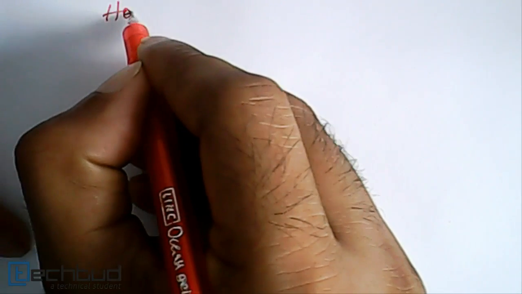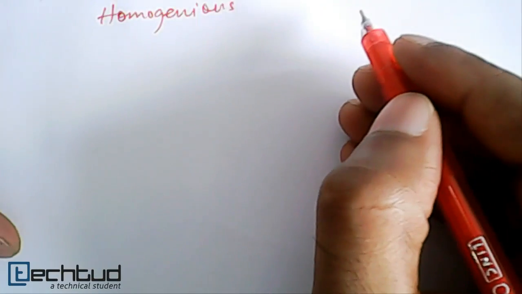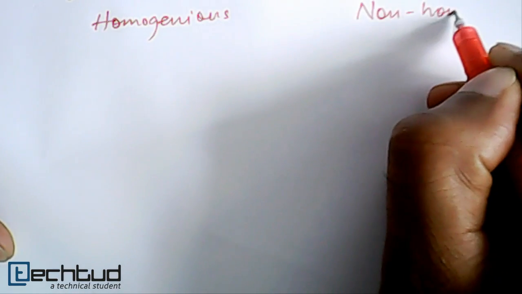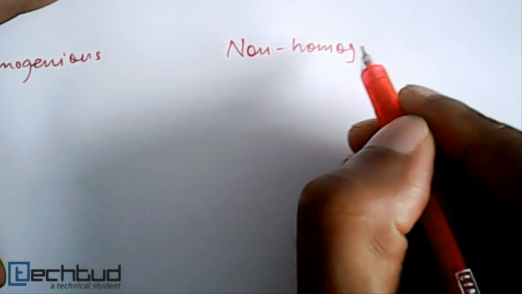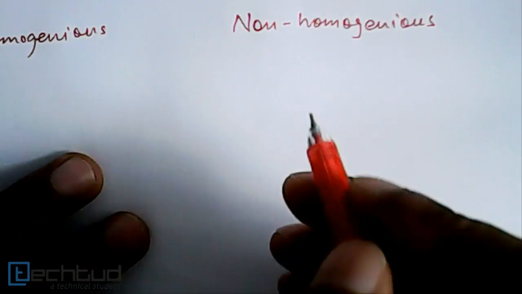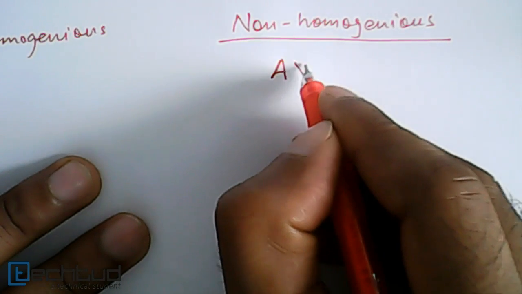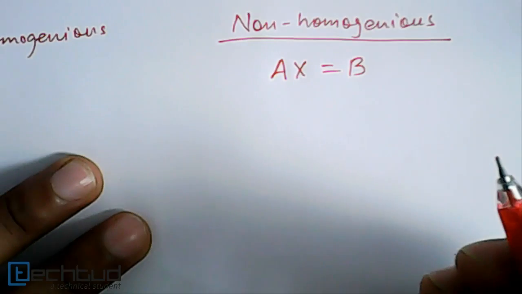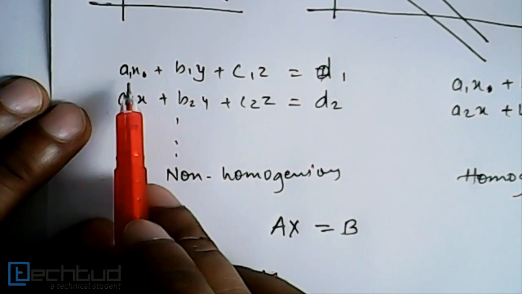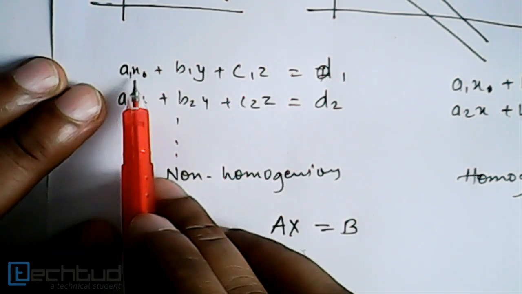First is homogeneous and another one is non-homogeneous. Let's start with non-homogeneous. It can be written in the form AX equal to B. What does it mean?